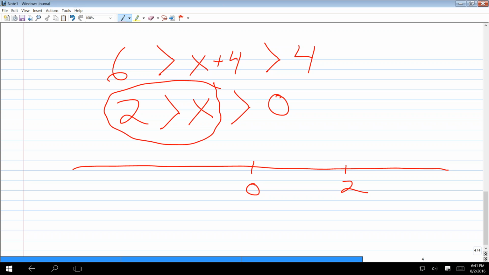You can say that 2 is greater than x or x is less than 2. They both mean the same thing, right? Yeah. And in this part of it, x is greater than 0, so it has to be this area right here. Okay. With an open circle at both ends, because it's greater than, not greater than or equal.